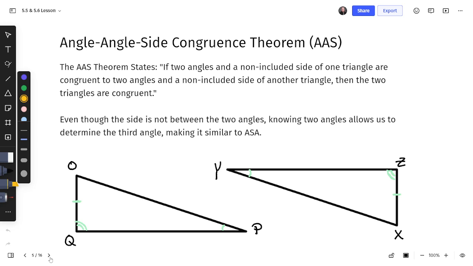Even though the side is not between the 2 angles, knowing that 2 angles of one triangle are congruent to 2 angles of the other triangle allows us to determine that third angle, because all of the angles of a triangle add up to 180 degrees. So really, the angle-angle-side congruence theorem is just kind of one step removed from the angle-side-angle congruence theorem.